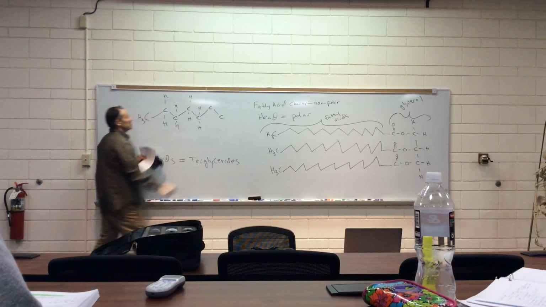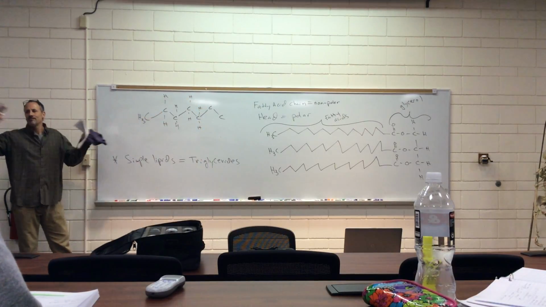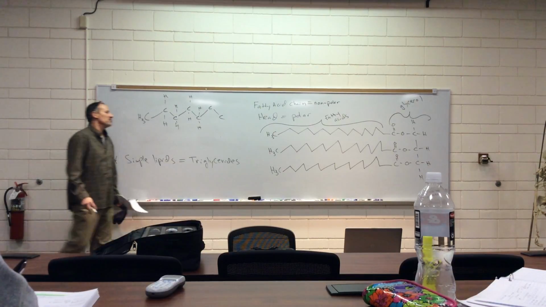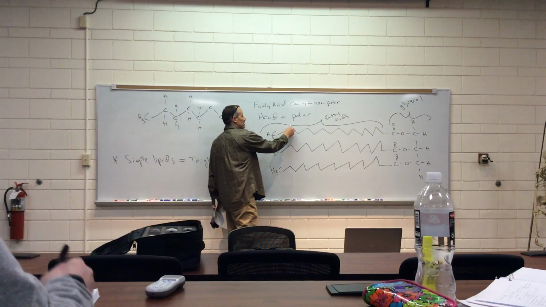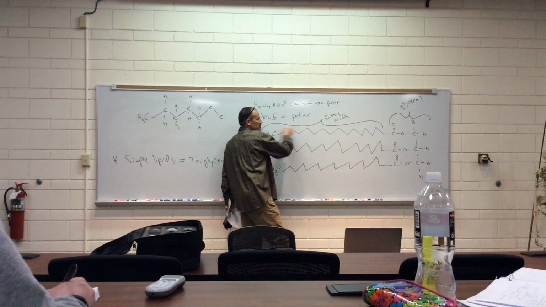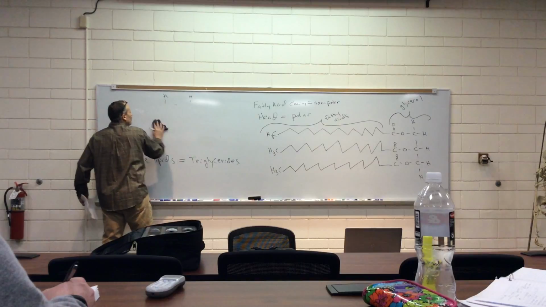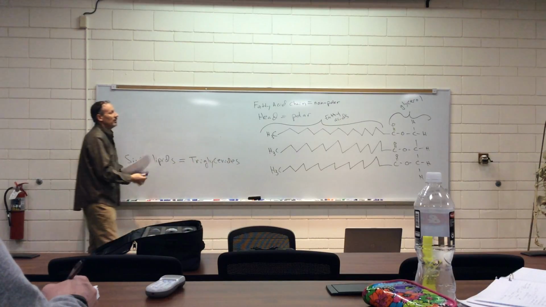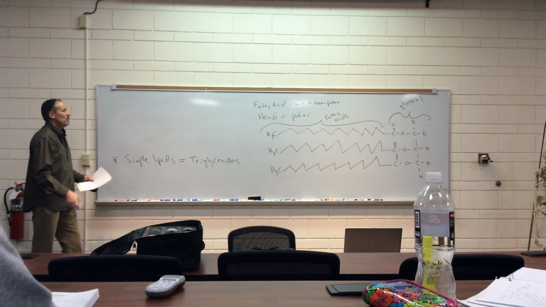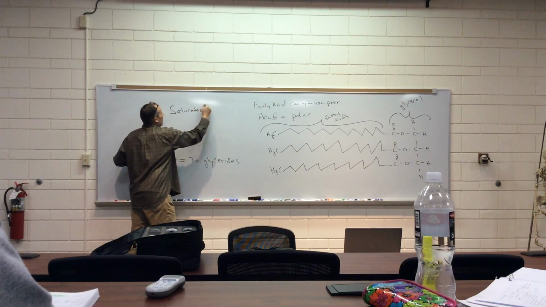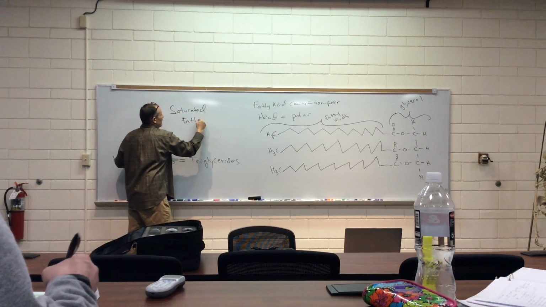And as you can see, it starts to get really kind of hard to look at after a while. So we assume that at each one of these junctions, there's a carbon with its representative 2 hydrogens all the way through. So these are single carbon bonds. With your triglycerides, we would call this a saturated fatty acid.